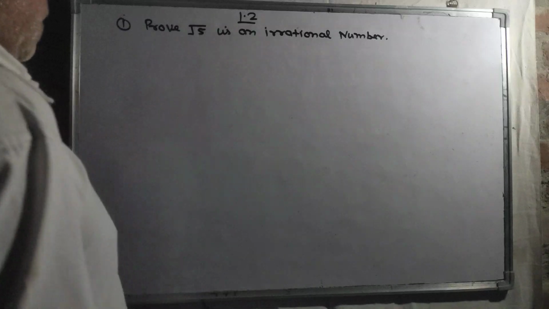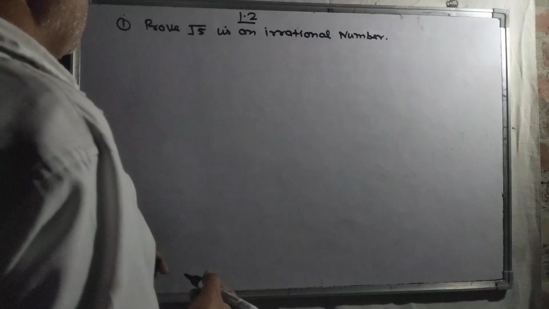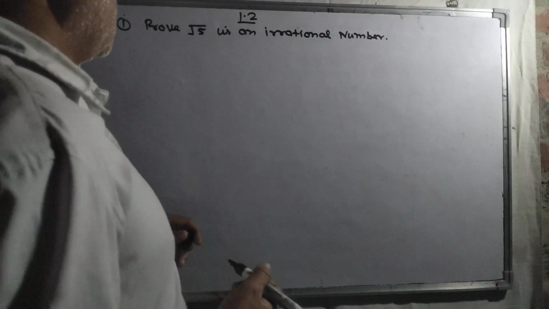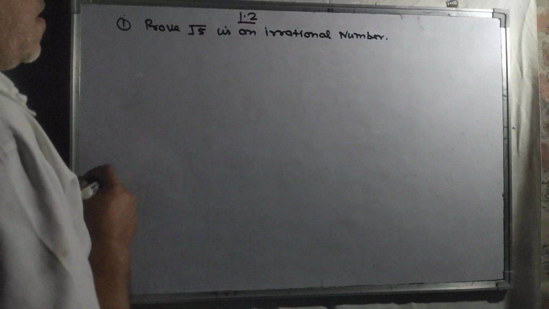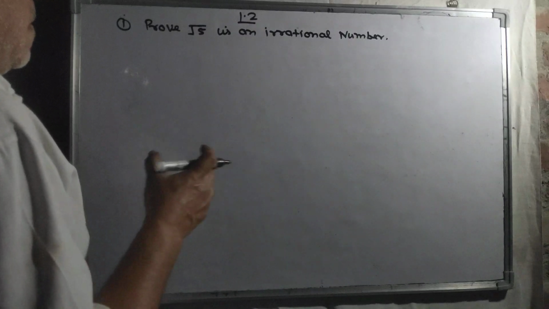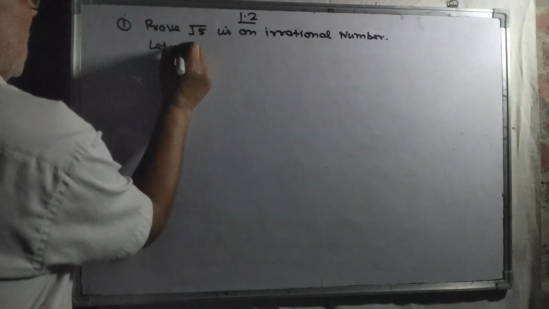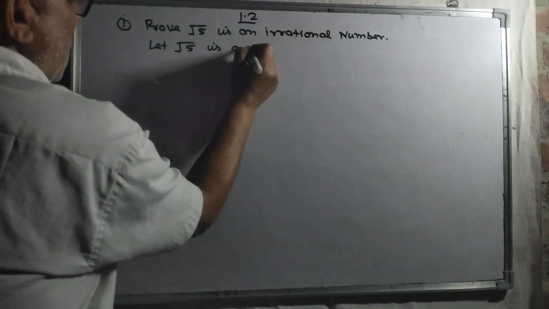To prove it, I'll try to prove it as a rational number. If I cannot do so, then it will be an irrational number. So let root 5 be a rational number.